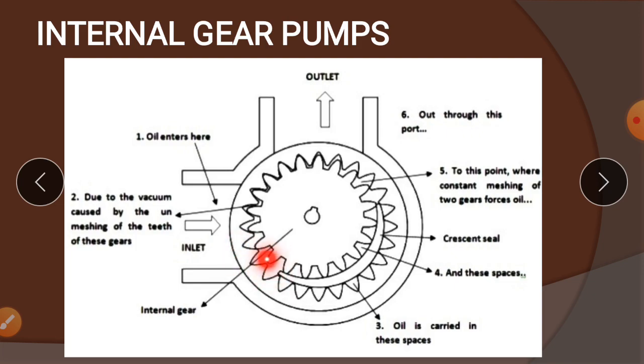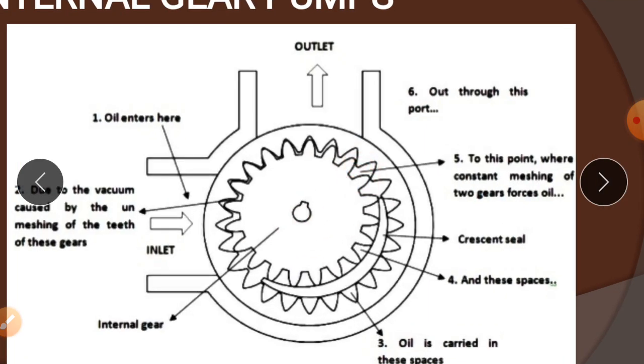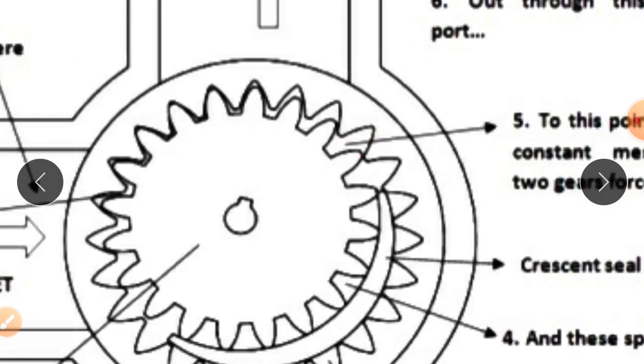The oil is collected first here, then the spaces between the gaps of the external teeth and the internal teeth collect the liquid, and it is transmitted throughout the rotation of the gears, and expelled at the outlet portion, to the point where the constant meshing of the gears forces the oil out. So when the constant meshing of the gears takes place at this portion, it forces the liquid to move out here.